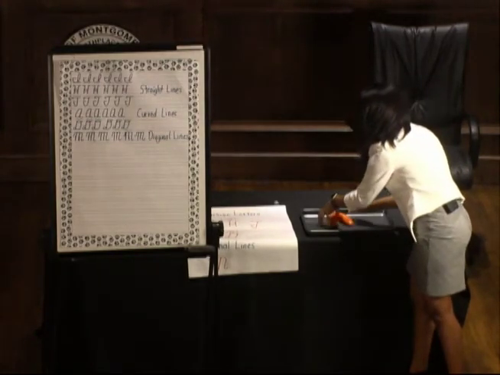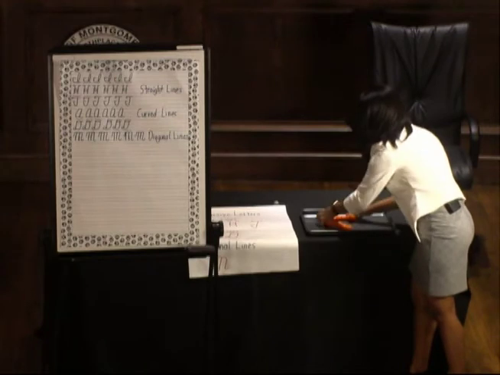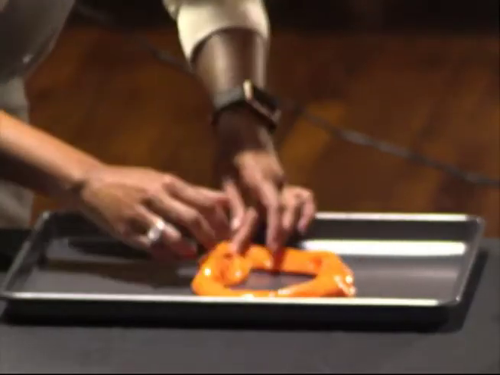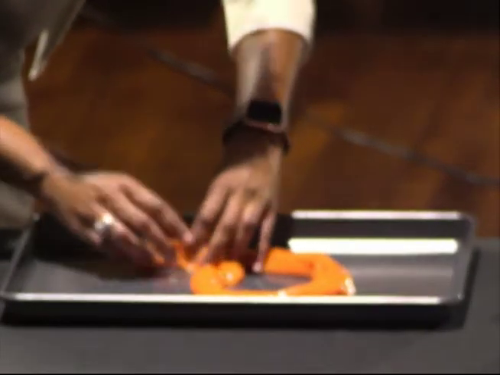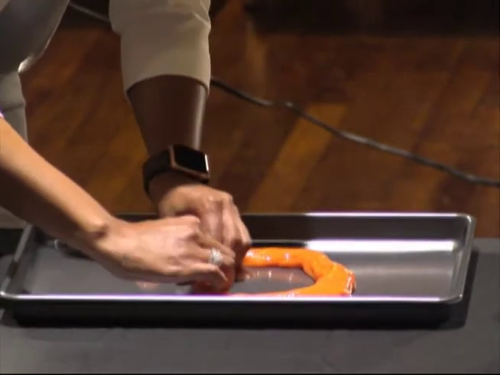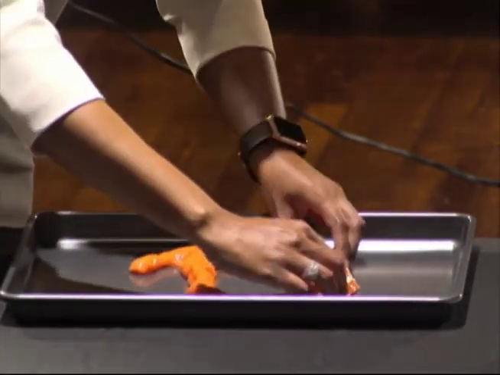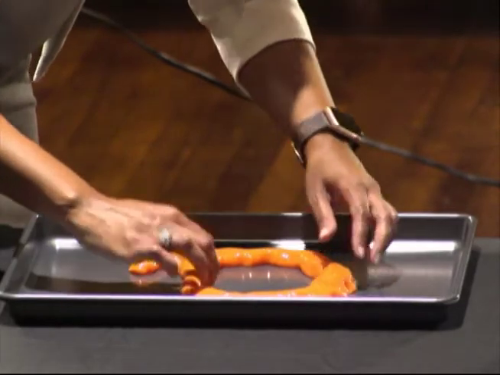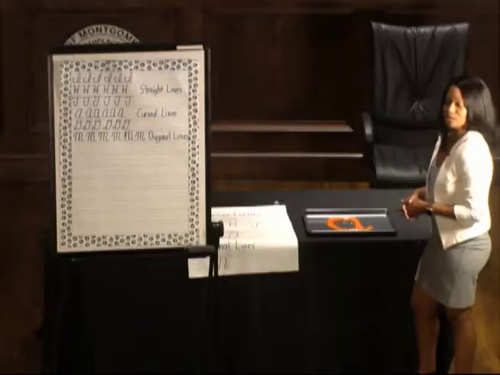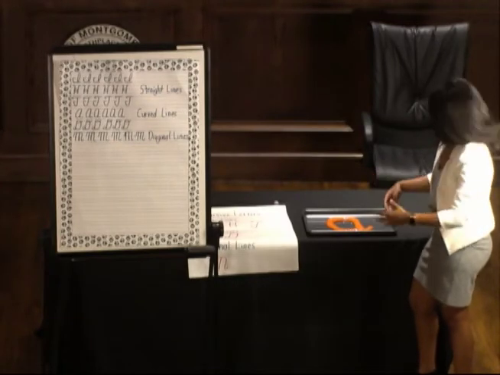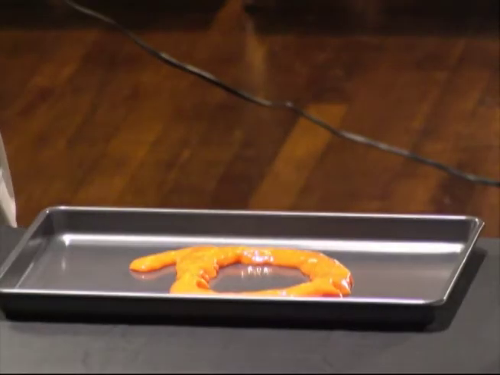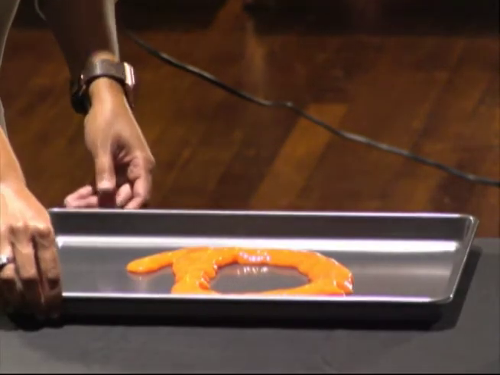And with the uppercase letter A, you're going to make sure that you say it to yourself and also do it with slime with your hands. So the uppercase letter A.